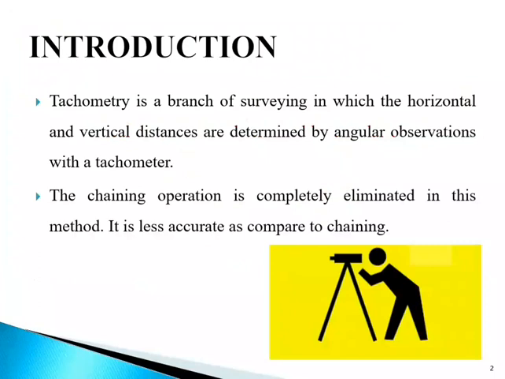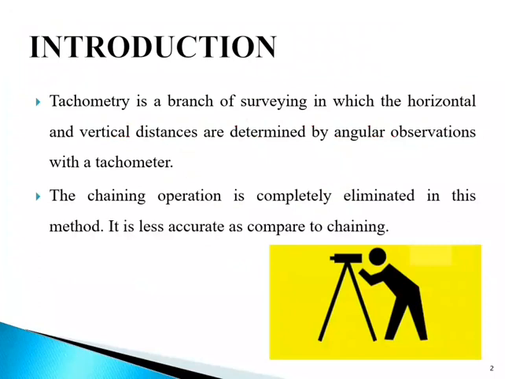Tachometry is a branch of surveying in which the horizontal and vertical distances are determined by angular observations with a tachometer. The chaining operation is completely eliminated in this method, but it is less accurate as compared to chaining.